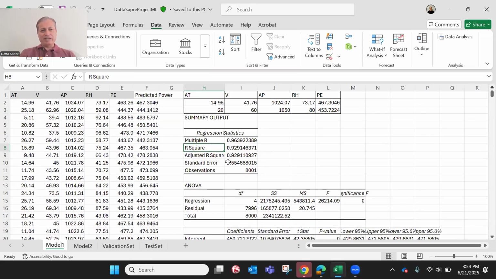Taking away relative humidity, and I tried that with taking away vacuum as well, gets lower correlation, and the predicted power generation and the actual power generation deviate further. The residual is larger.